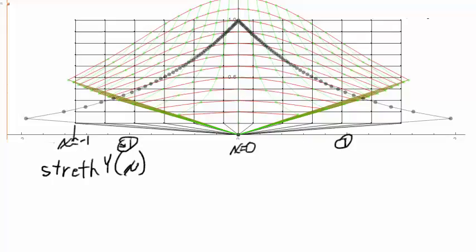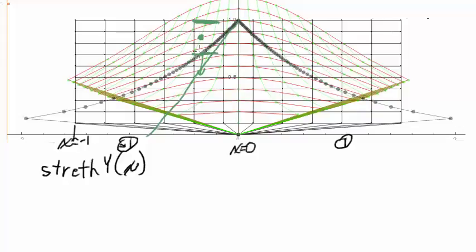So what you can imagine is if I have a point here, then I'm going to stretch this down to a point so that this becomes a straight line. And then this will be stretched by the same factor as that is.